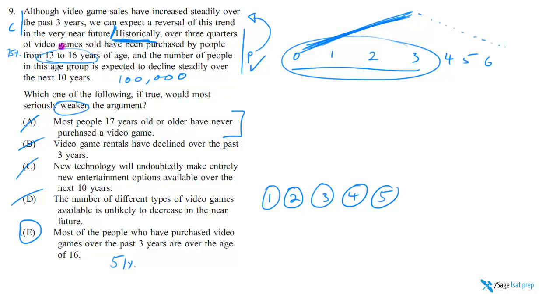Despite the fact that this premise is still true historically, yes, it's true that 75%, but it's not as relevant anymore, right? It has not as much strength to make me believe that we're going to expect a reversal. I mean, we still could get a reversal, I suppose, but certainly this premise will make us believe it less. And that's really the power of a weakening answer choice. A correct weakening answer choice does just that.